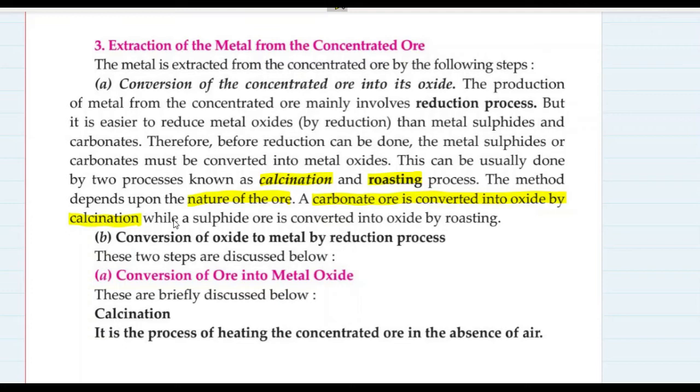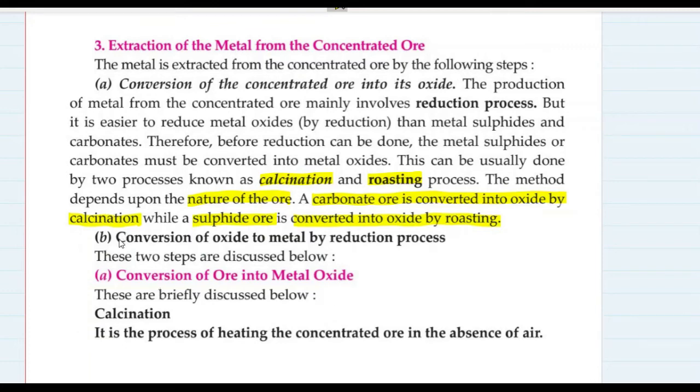Alright. So, a carbonate ore is converted into oxide by calcination, while a sulfide ore is converted into oxide by roasting. Sulfide ore is converted into oxide by roasting, and carbonate ore is converted into oxide by calcination.